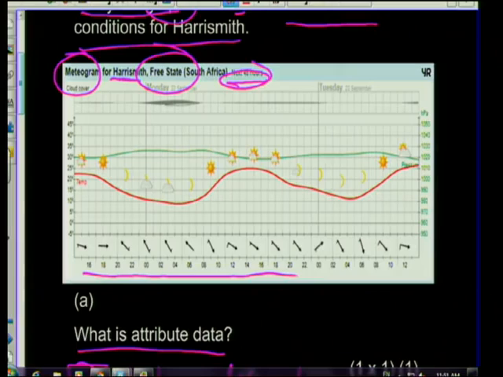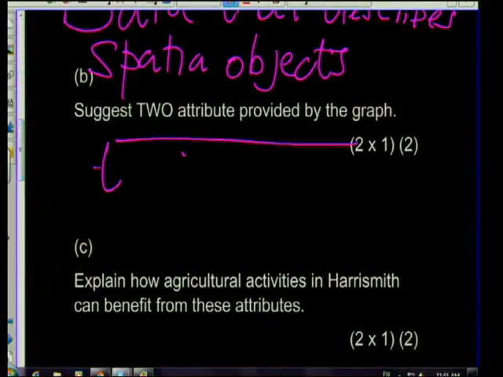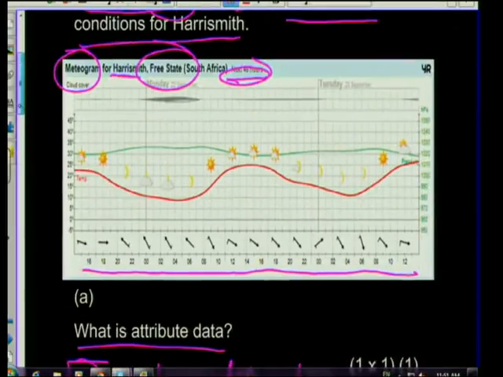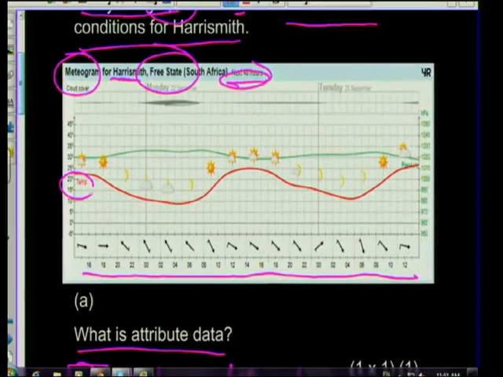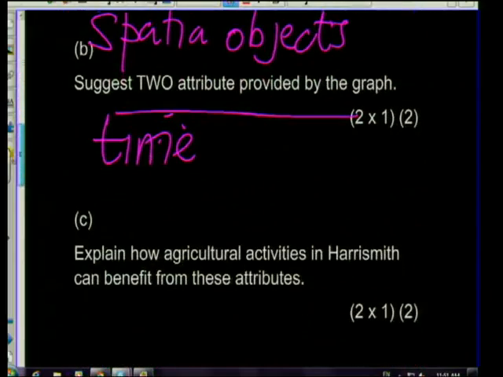How do we do this? Notice here. Correct. Time. What other data? Notice here, this particular line. Correct. Temperature.